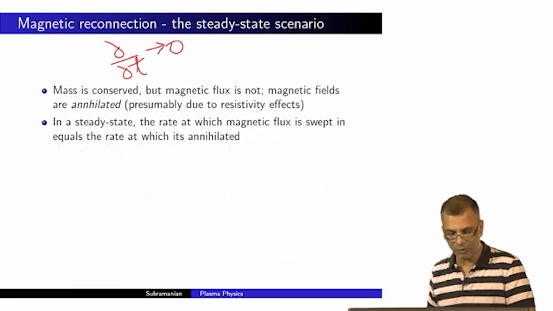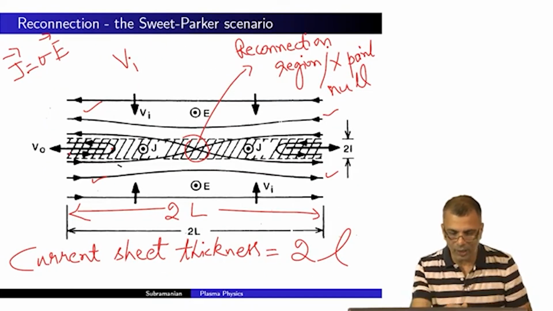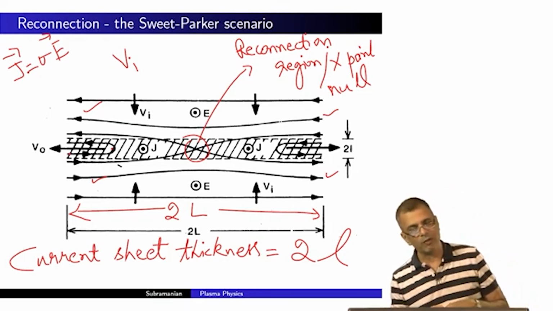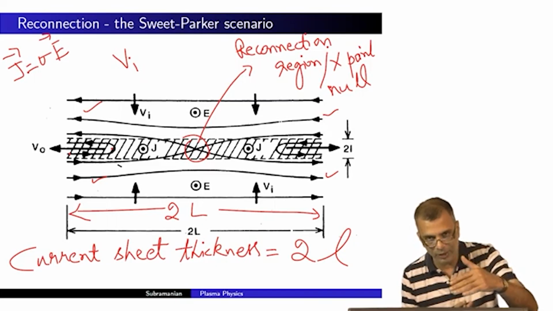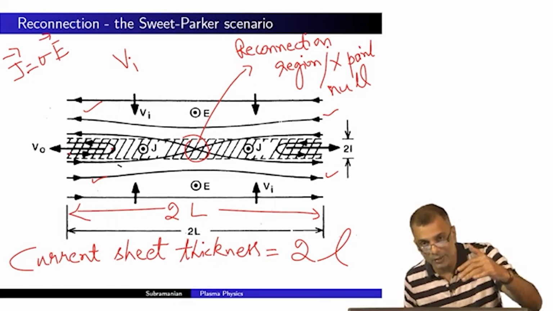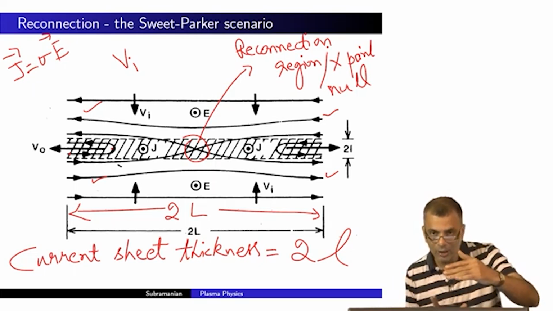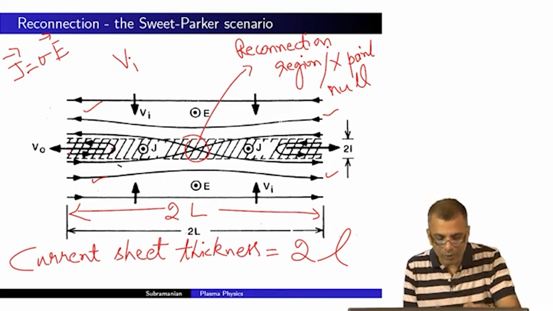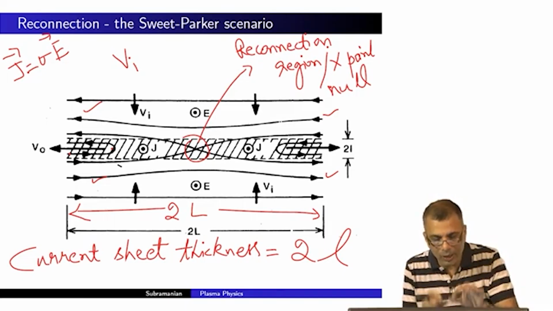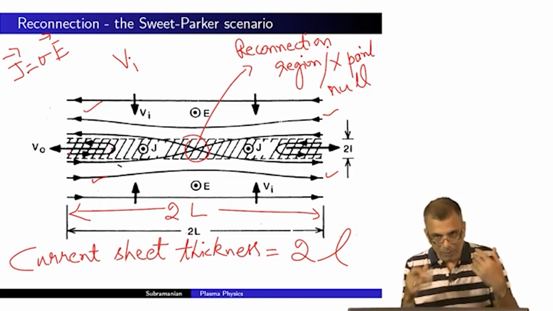Vi is this velocity, right? It's not as if I can drive these oppositely directed magnetic fields together at any arbitrary speed. No, I cannot. I can only drive it with the speed that's commensurate with the fact that whatever magnetic flux I'm bringing in here needs to be eaten away immediately.